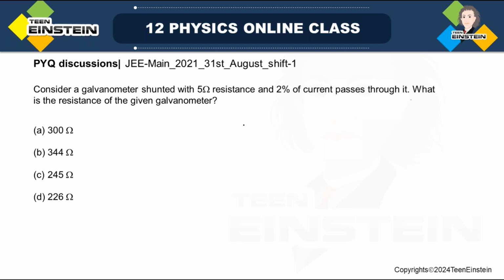So let me draw the galvanometer. There will be an associated resistance, say Rg, and when it is shunted with a resistance Rs, then most of the current will pass through this. Let us say the current through Rs is Is and current through the galvanometer is Ig.